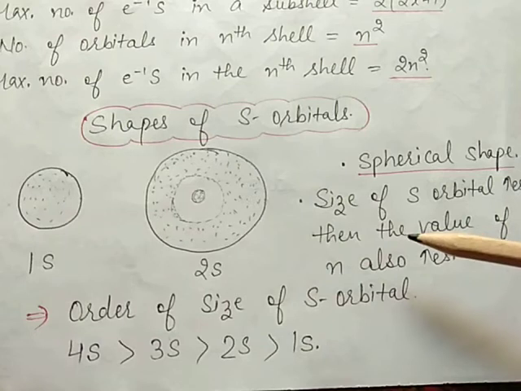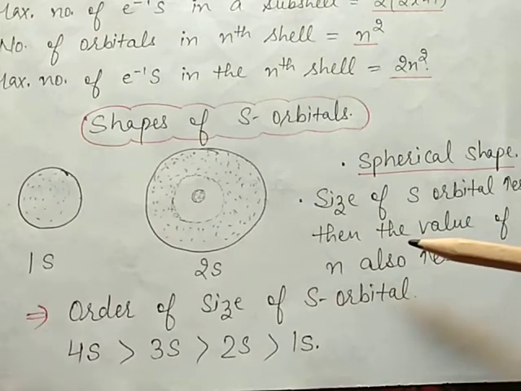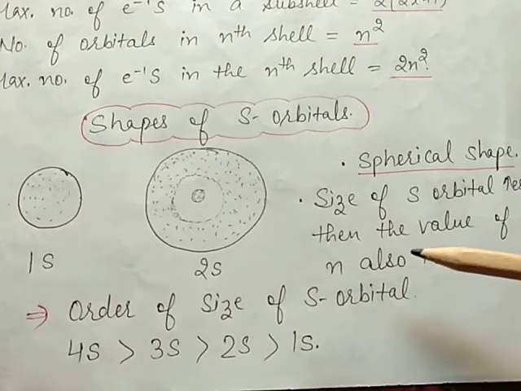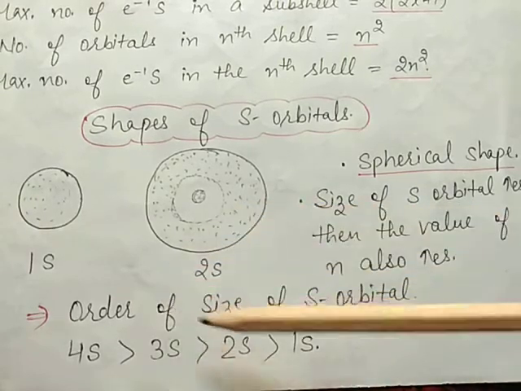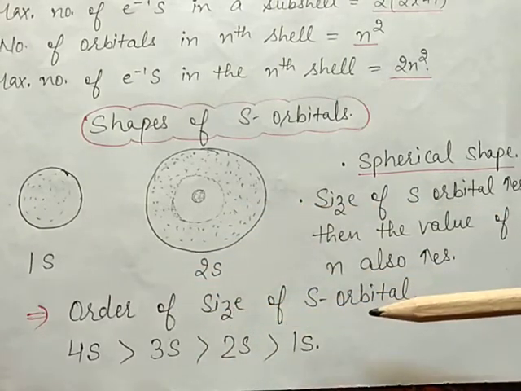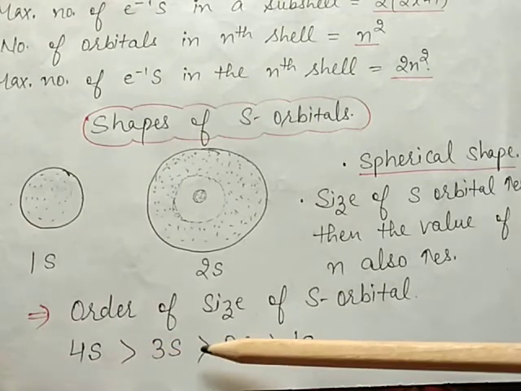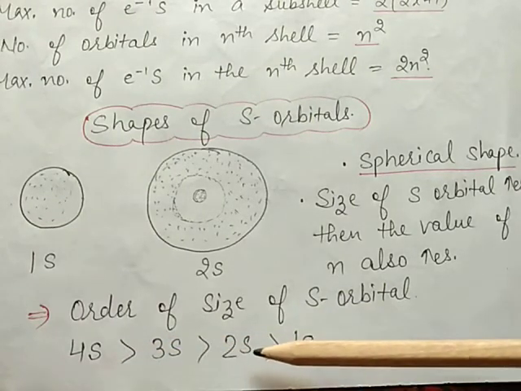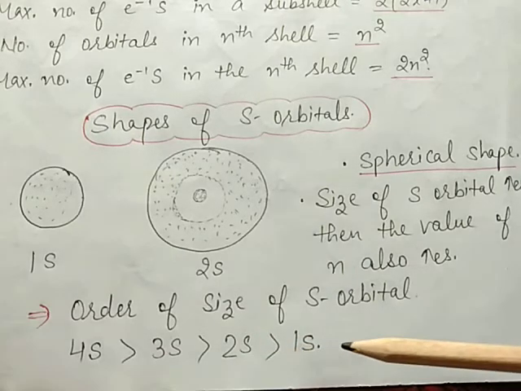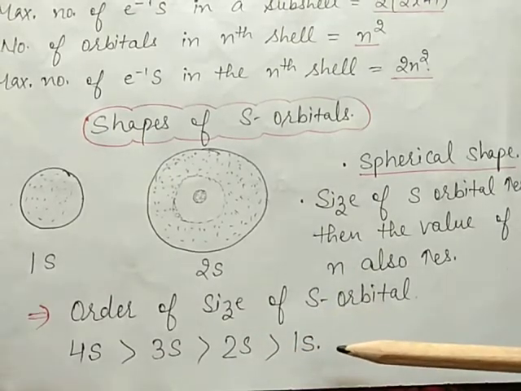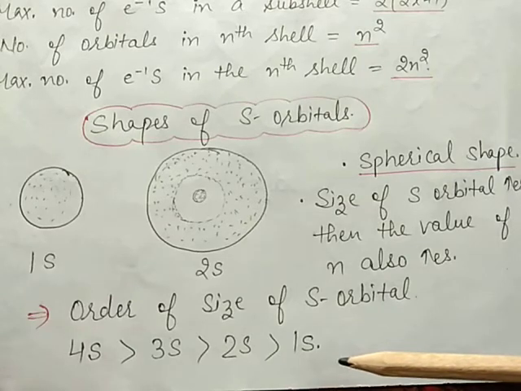Means as the n value increases, size of s orbital also increases. Order of size of s orbital: 4s is greater than 3s as compared to 2s, and then least size is 1s orbital.